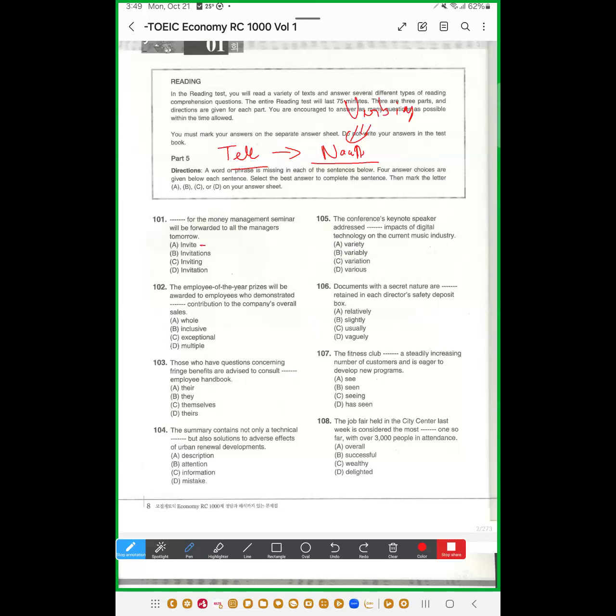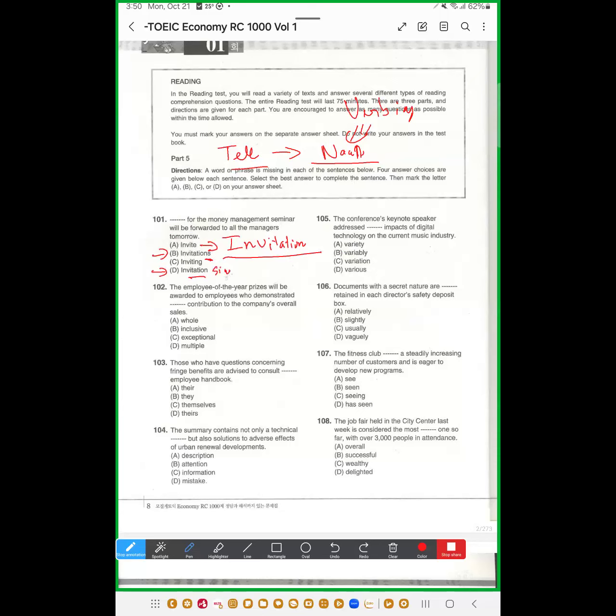So let's look at the word invite. When I look up this word in the dictionary, I can find the noun of invite, that is invitation. We have invitations, a plural noun, and invitation is a singular noun.